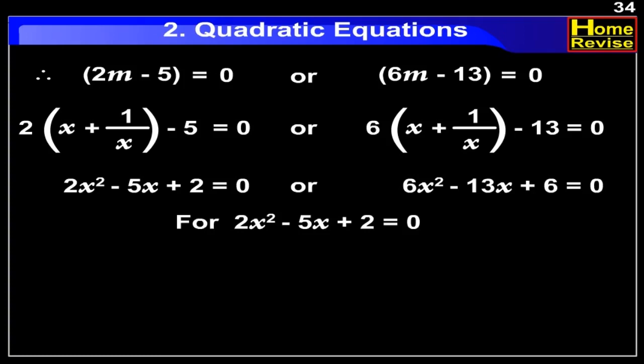Now for the equation 2x² − 5x + 2 = 0. Splitting the middle term, we get 2x² − 4x − x + 2 = 0.